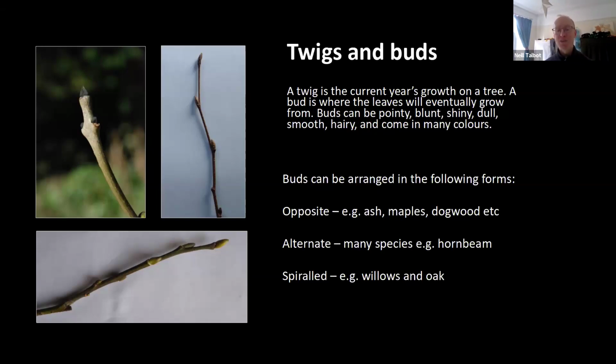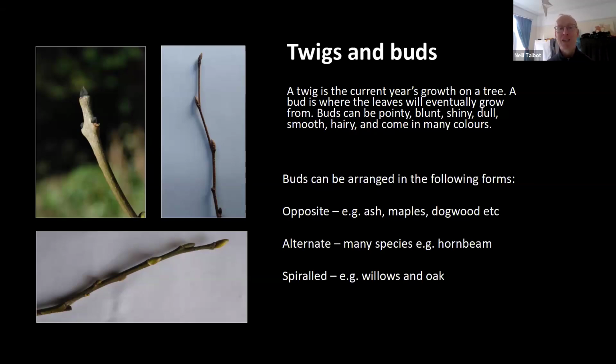There's quite a lot of things about buds that can vary from species to species. The colour obviously is different on all of these ones, but they can be quite rounded or quite pointed.